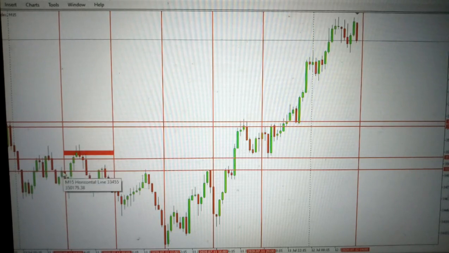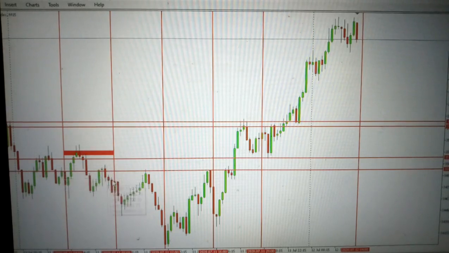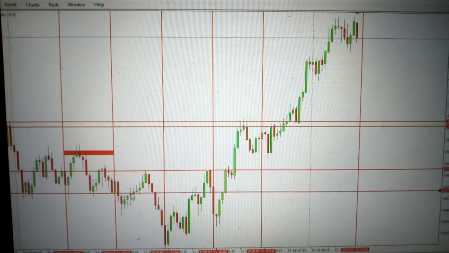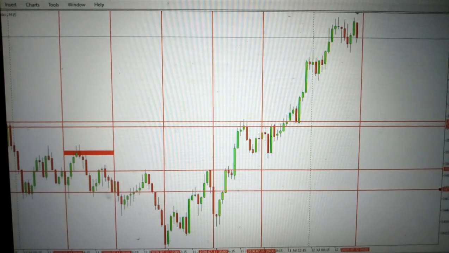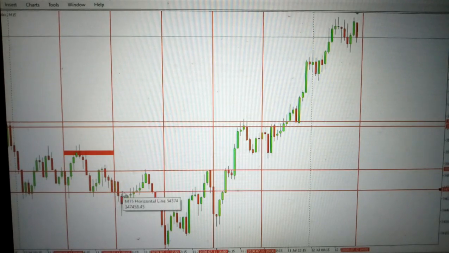Price closed at this point, and there's another close here. So I'm going to mark out the closing point here with another rectangular line, with another horizontal line. So I'll divide this into two.